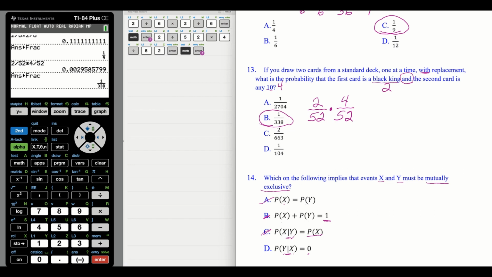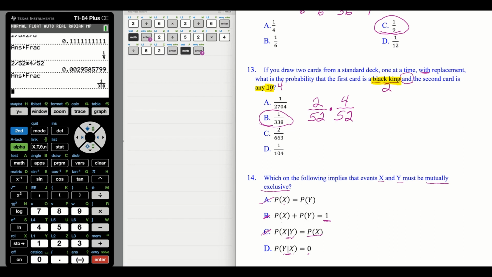Like above on number 13, getting a black king in no way has anything to do with the number 10 being drawn. And this is why we have the word and, and we multiply them together, and that's all we need to do.